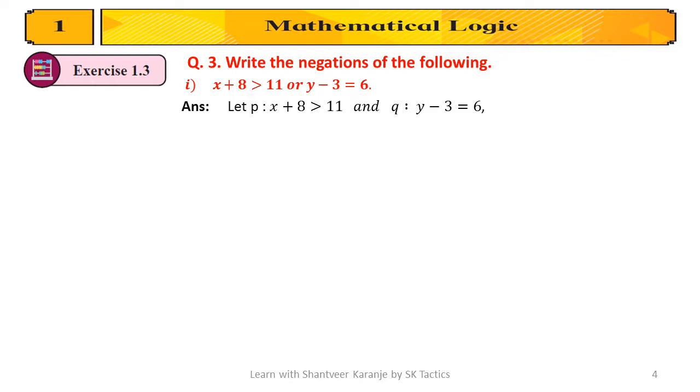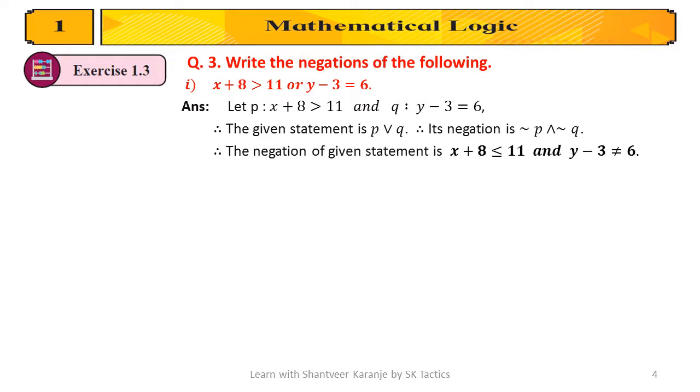They are connected with 'or', so P or Q is the statement pattern of this given question. We know that negation of (P or Q) is negation of P and negation of Q.